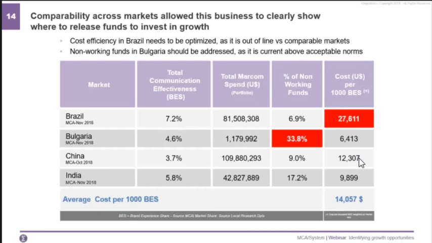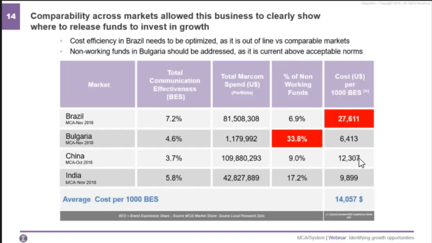If you look at the 3 big markets here, Brazil, China, India, you can see that the cost per brand experience per 1,000 people in the market varies a lot. China and India are operating at $12,000 or just under $10,000, and Brazil is operating at $27,000, nearly $28,000. It's clearly out of line with what you'd expect with the other very large markets.